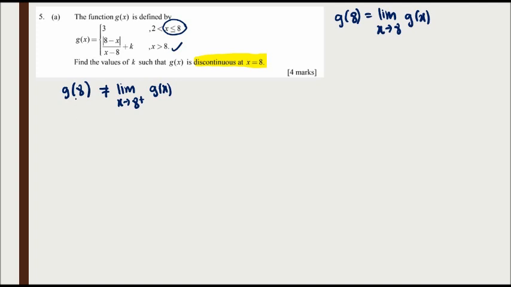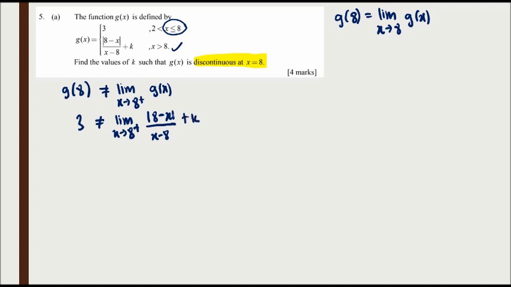The value of g of 8 is equal to 3. On this side we will use the function, the limit as x approaches 8 from the right.